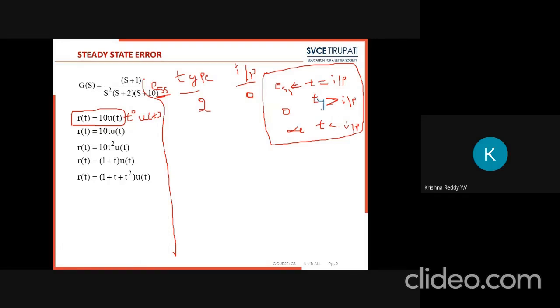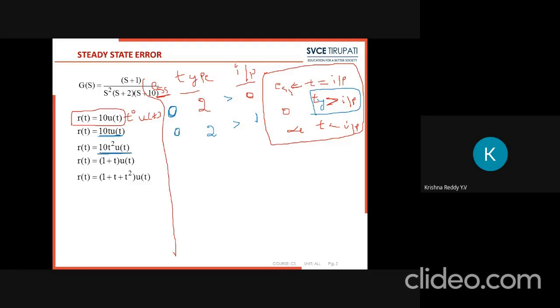As the type is greater than its input, 2 is greater than 0, then the steady state error value is 0. Similarly, when you are given 10 into t into u of t, its input is 1 and the type of the system is 2. During this case, what is the steady state error? When the type is greater than its input, again the steady state error is 0.